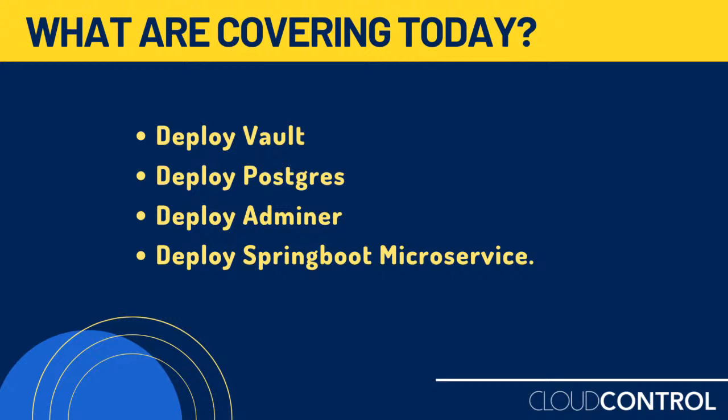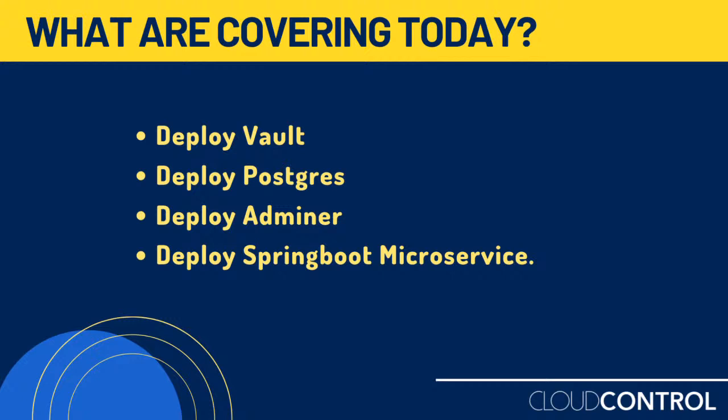Then we will be deploying Adminer, and the purpose of this deployment is to show you how to browse the data once Postgres is deployed. That's another big challenge people face: unless you expose the node port, which is risky, these Postgres databases are not visible outside. We will deploy a data browsing admin application.